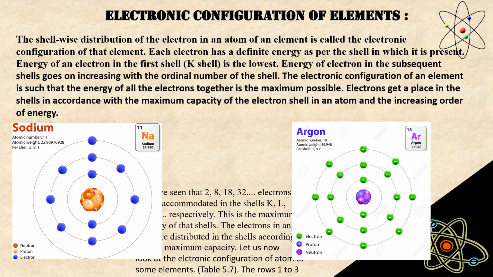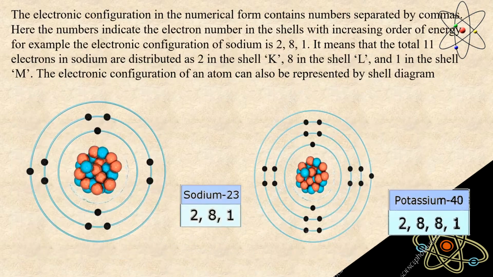So it has maximum capacity according to the electronic shell. कौन से शेल के बारे में बात हो रही है? ठीक है? So if you remember these two examples, it will be clear to you all, and you can try and solve a few more examples that are there in the textbook.